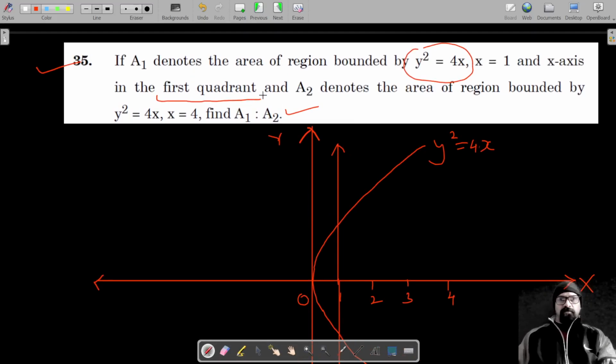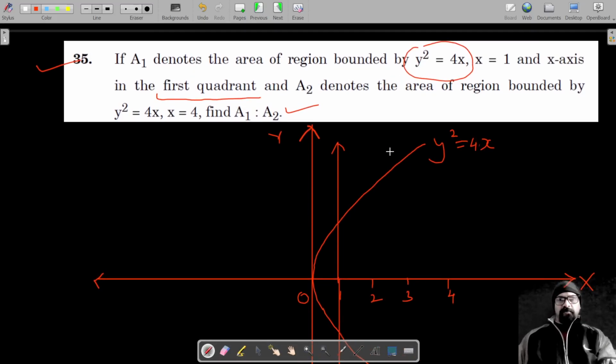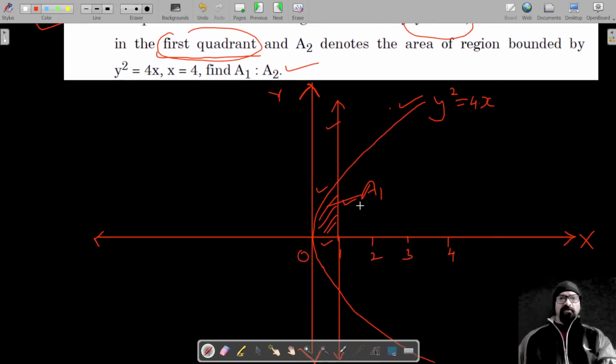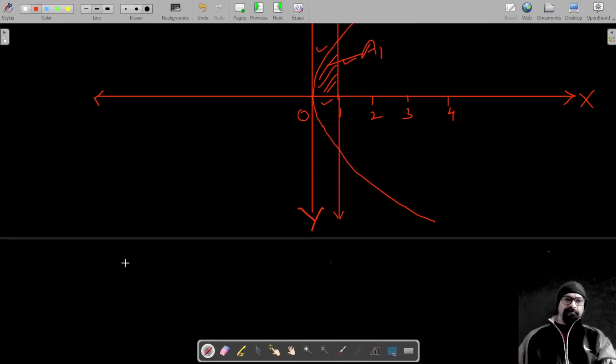Now A1 denotes the area of region bounded by this parabola, x is equal to 1, and x-axis. This is the x-axis, this is the parabola, x is equal to 1 and x-axis, and it's given that it's in the first quadrant. So this is our region and it's A1. So let's find out the area of this region.